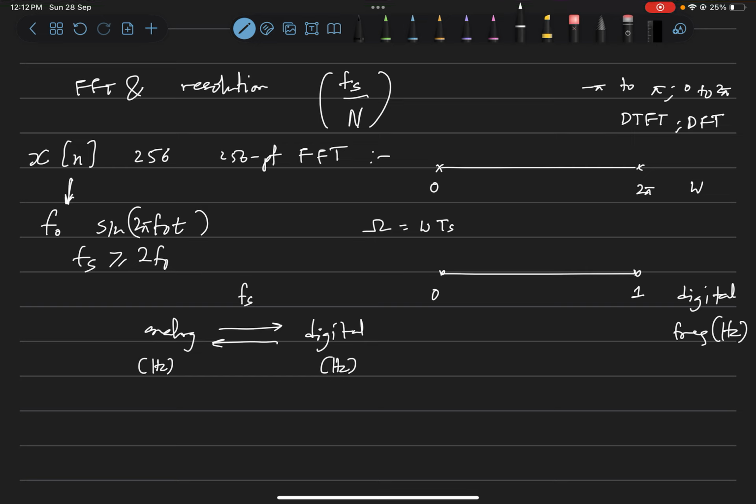So digital frequency between 0 to 1 will map to 0 to Fs for analog frequency in hertz. If you want to go from digital to analog, you multiply by Fs, and if you want to go from analog to digital, you divide by Fs, because these two scales differ by a factor of 2 pi.